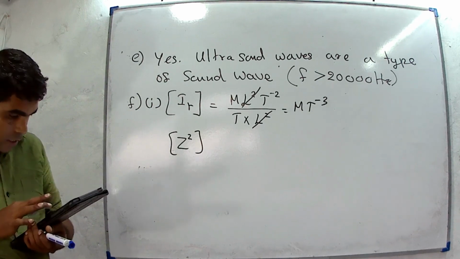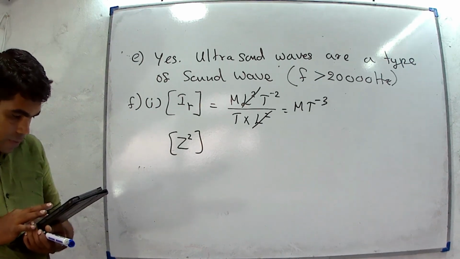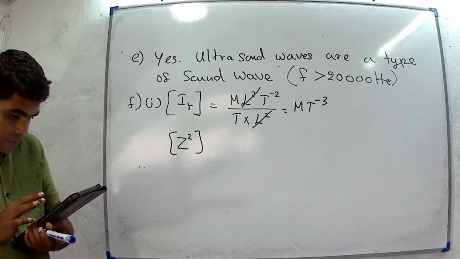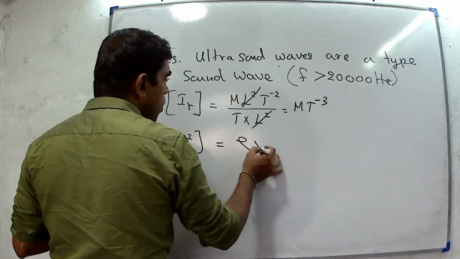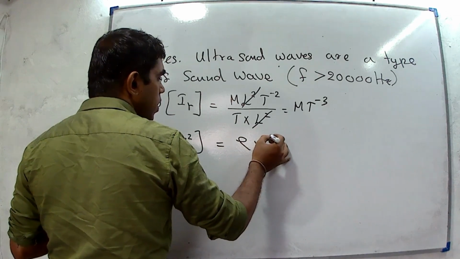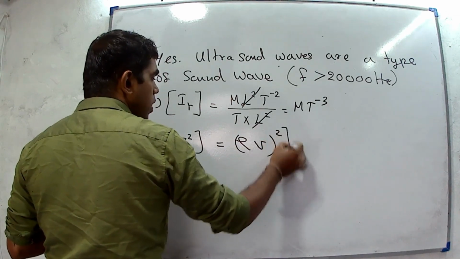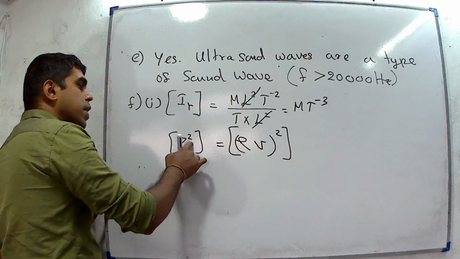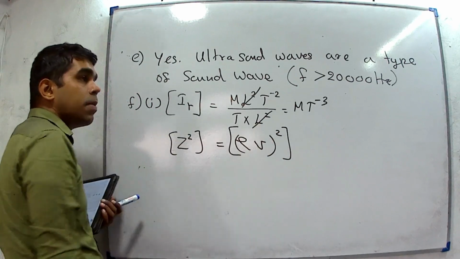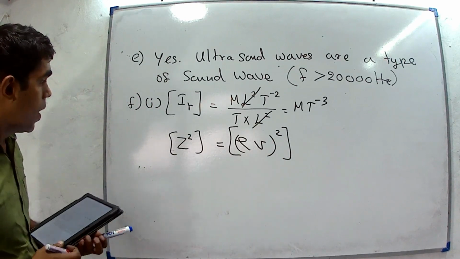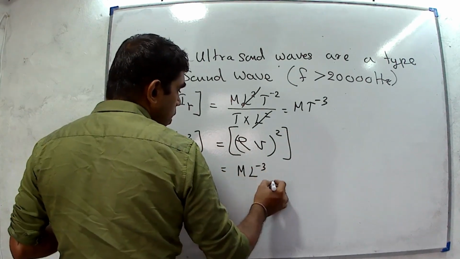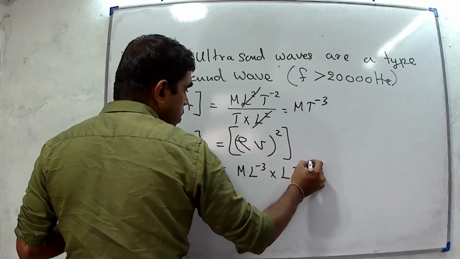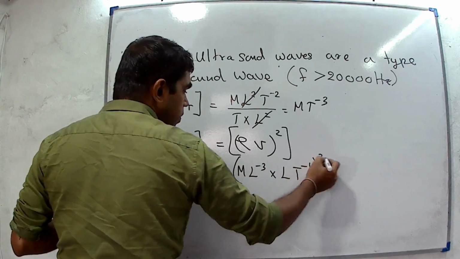And Z is, they have given, Z is rho V. Therefore we can write rho V squared. Dimension of Z squared equals dimensions of rho V squared. Rho is density, M L minus 3, into velocity, L T minus 1, squared.